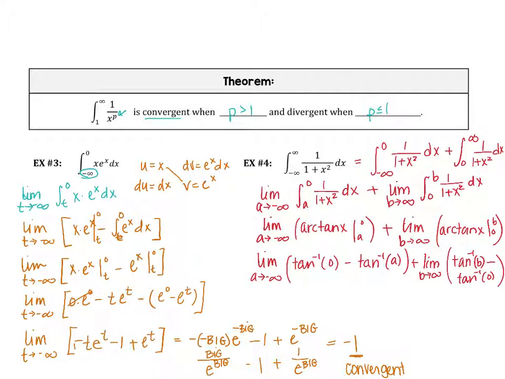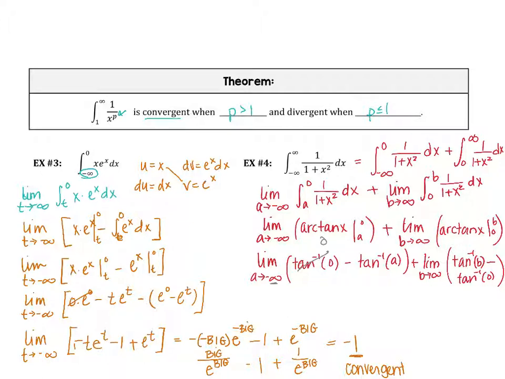So keep in mind the inverse tangent of 0 is 0. That's saying tangent of what angle gave us 0, and tangent of 0 is 0. So that tells me for that portion there, this is going to go out to 0. And then here, minus the inverse tangent of a. In other words, tangent of what value makes us tend toward negative infinity, and that's going to be those pi over 2's.